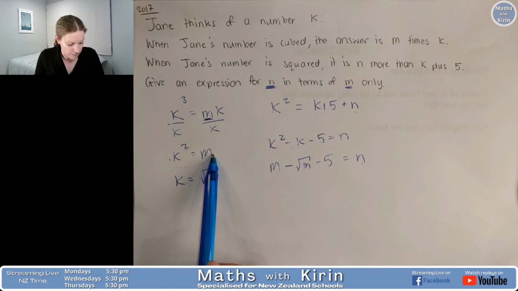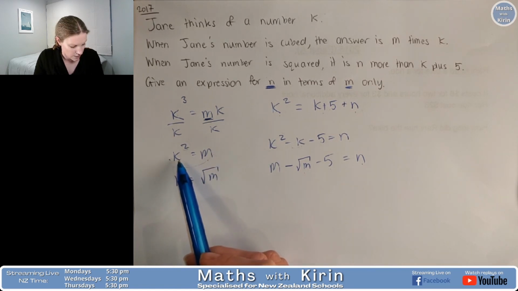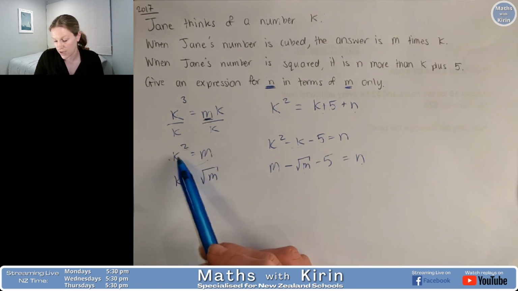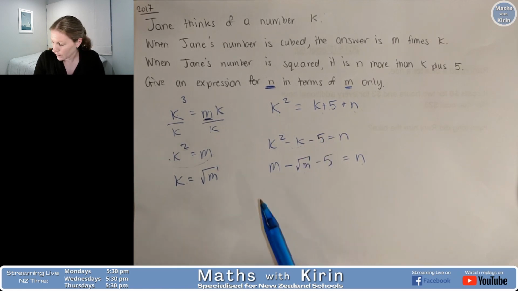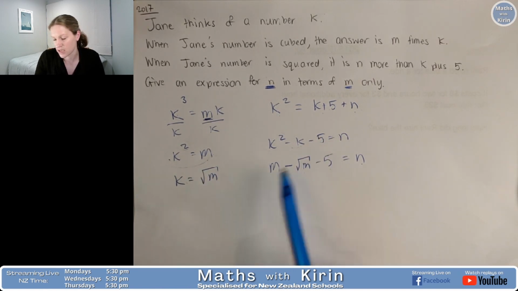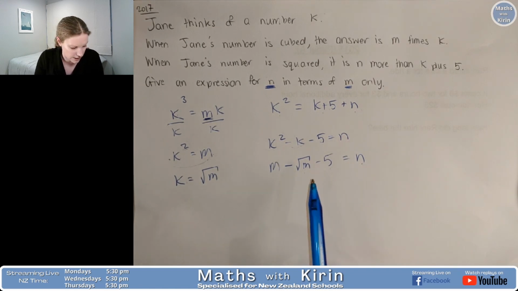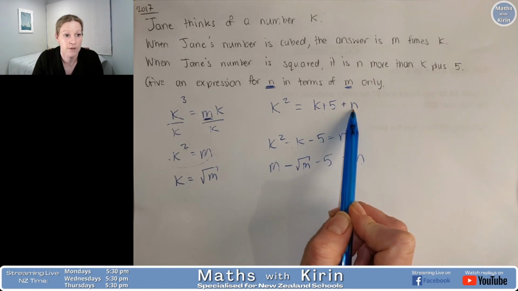Or you might find that your expression for k squared, or your expression here is consistent with what you found for k squared, even if it wasn't m. So if you make an error, again, there's that whole idea of consistency. Okay, or you might find that k squared is equal to k plus 5 plus n. That would give you achieved.